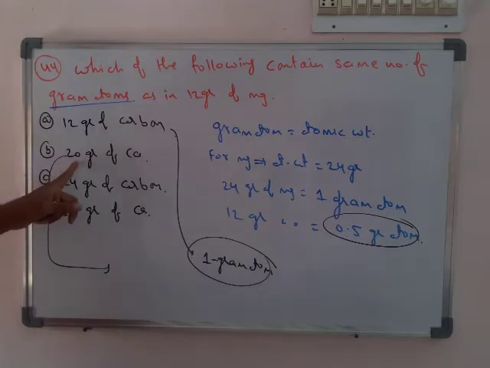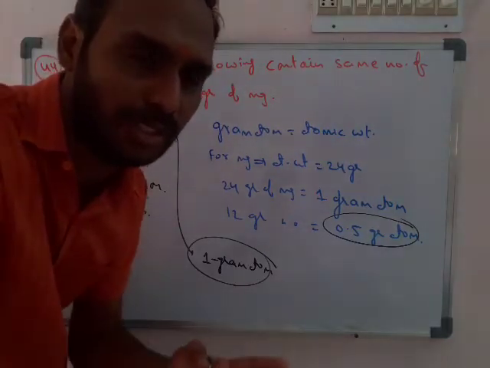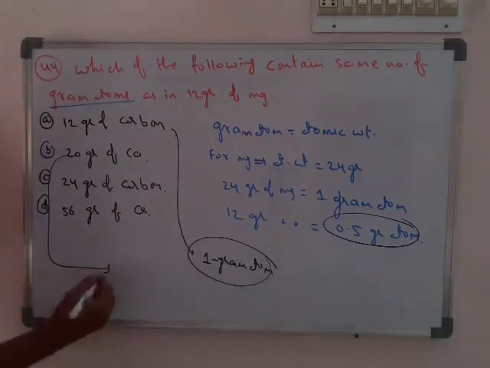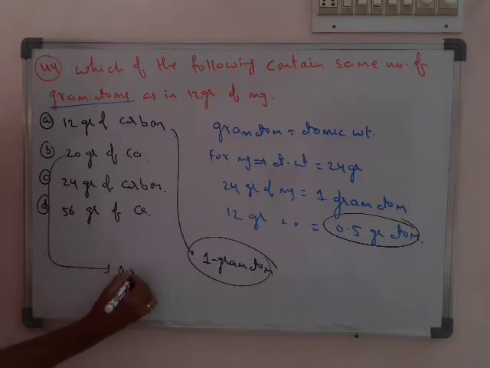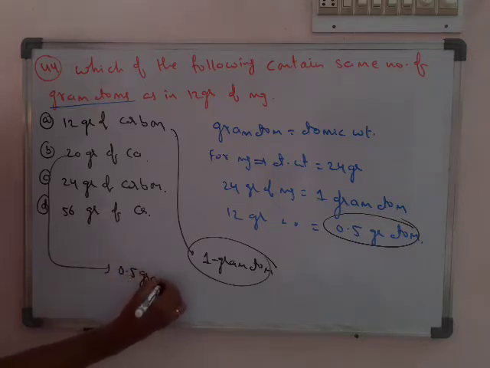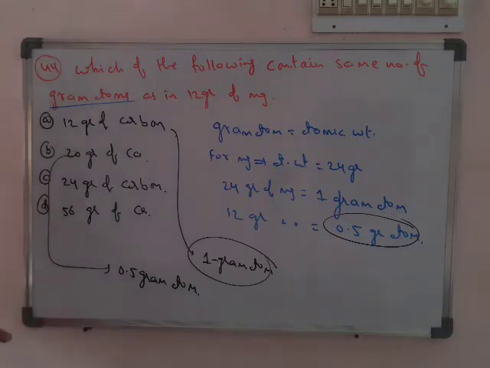What is the atomic weight of calcium? 40. Here there are only 20 grams, so that is equal to 0.5 gram atom. So B is the answer.